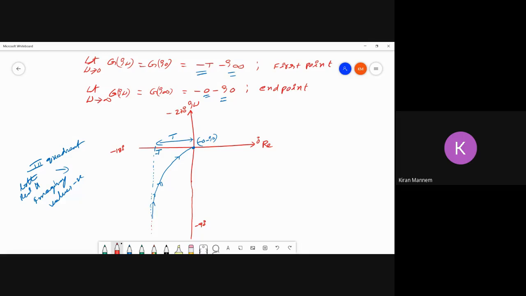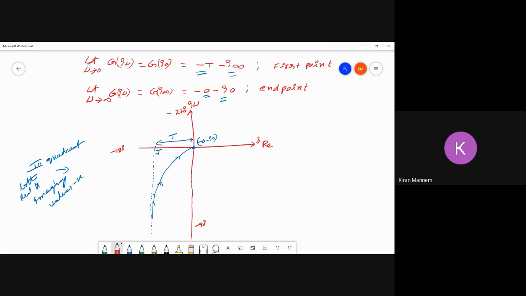This is one type of model in polar plots. In yesterday's class, both points were in the same quadrant, and we knew the starting and ending points. That's why we got a semicircle. But in this case, we don't know the first point at a particular position, so we got the curve like this.